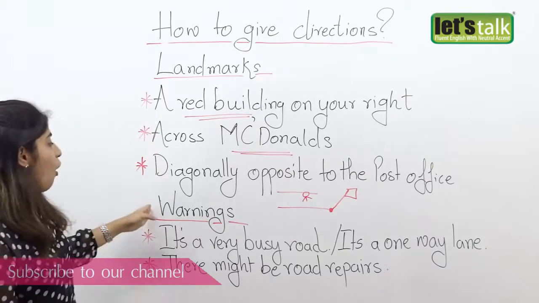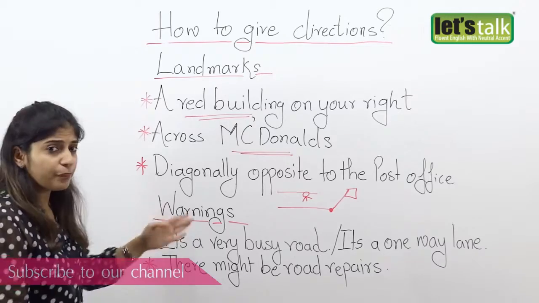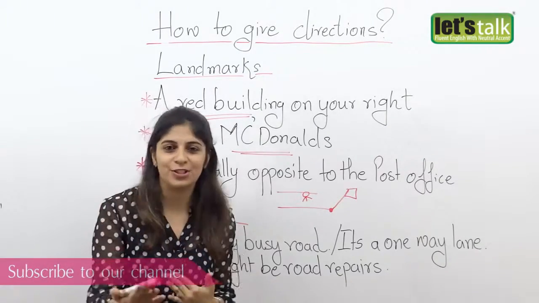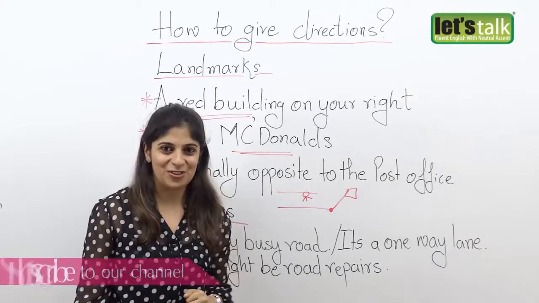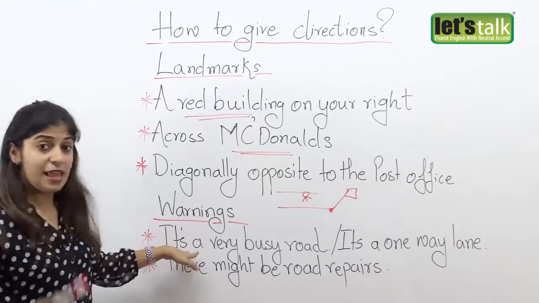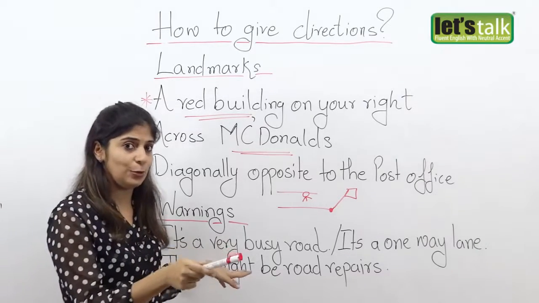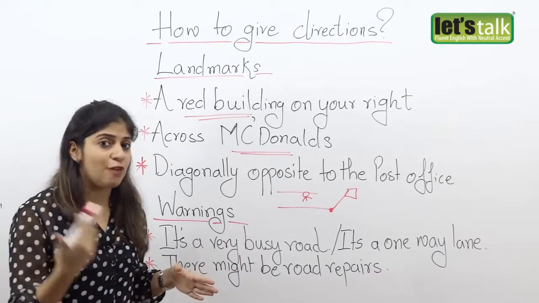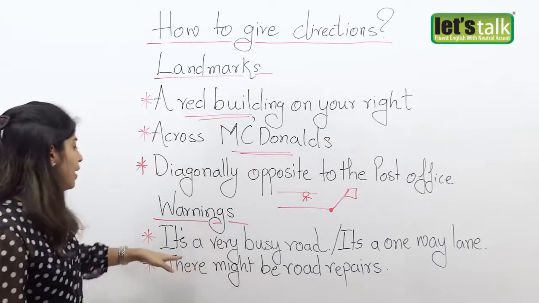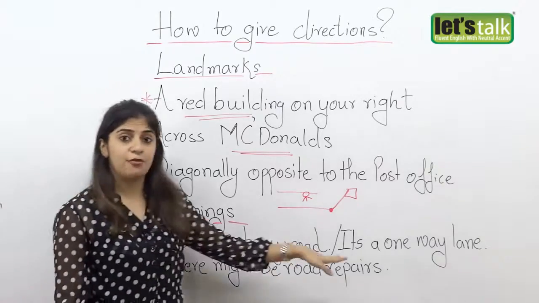The other one is offer warnings. It would be nice if you offer warnings. It's a very good thing. You just be nice to the person that you're giving directions to. So how do you offer warnings? Basically, if you think there would be a lot of traffic, or a lot of traffic lights, you can say that it's a very busy road.